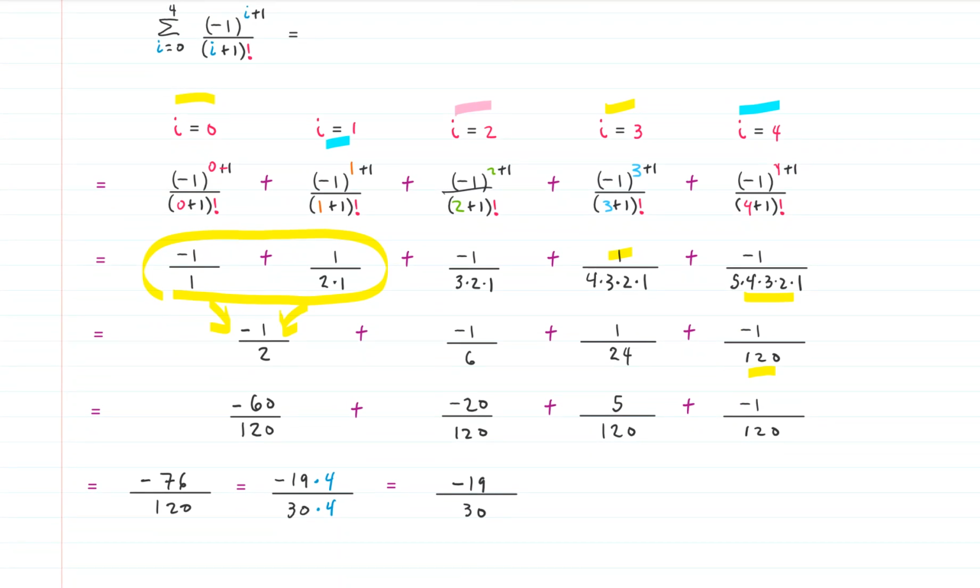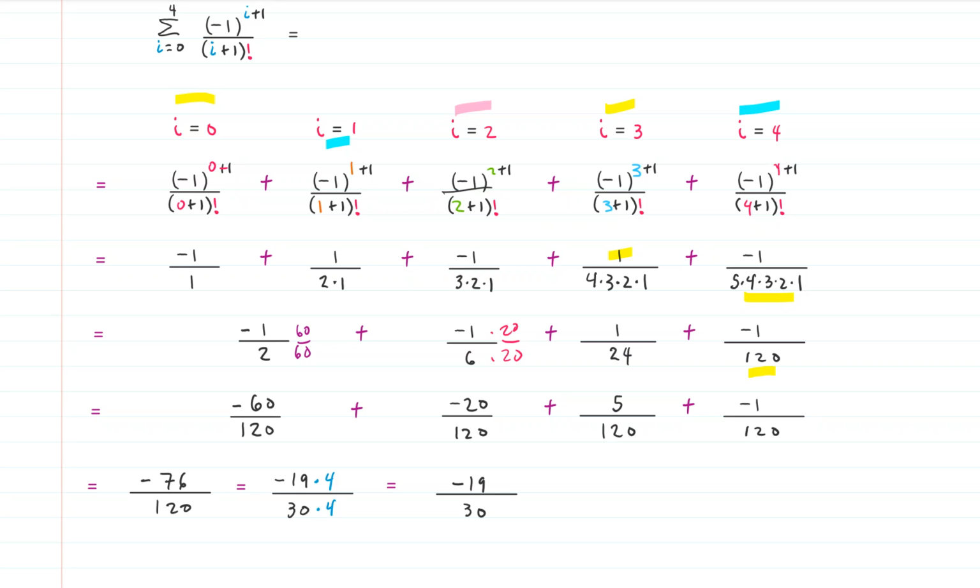I need to get a common denominator, so I probably should do some multiplication here. I should multiply by 60 over 60 with the 1/2. And the negative 1/6 needs to be a 120 in the bottom, so I should multiply by 20 over 20.